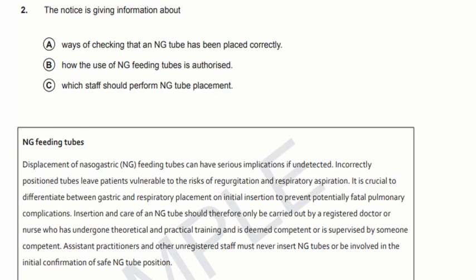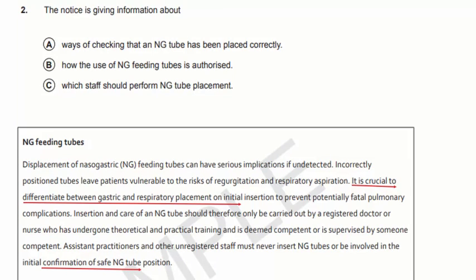As you can see, a similar meaning of checking that a nasogastric tube has been placed correctly was mentioned in the text. As we can see here, it's crucial to differentiate between the gastric and respiratory placement on initial insertion, and in the last line, initial confirmation of nasogastric tube position.